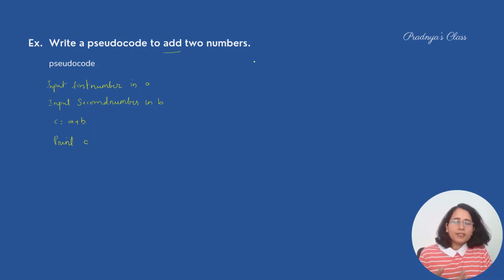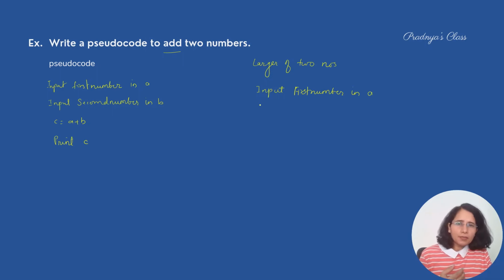Let's take one more example: we have to find out the larger of two numbers. Obviously the first step will be input, so we have to take two numbers. Again in the same way, I am writing input first number in A, input second number in B. Now we have to check whether A is greater than B or not.